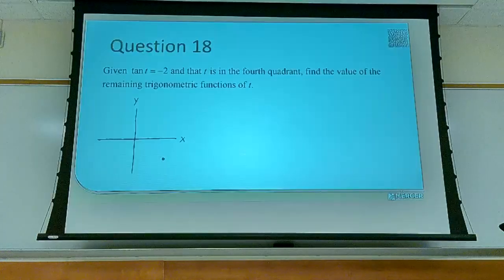Our terminal point is going to be somewhere in the fourth quadrant, so let's say it's there, and that's our angle T. Tangent, how is tangent defined? Sine over cosine, so x over y. What's the x coordinate of this point?